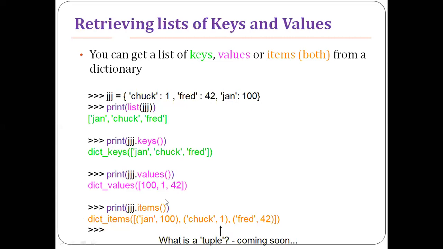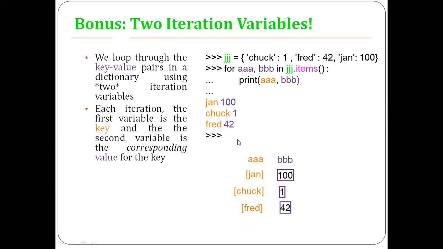And to display only the items, or both keys as well as values, you can use items. This is how you can make use of the library functions to retrieve only the keys, or only the values, or both the keys as well as the values.